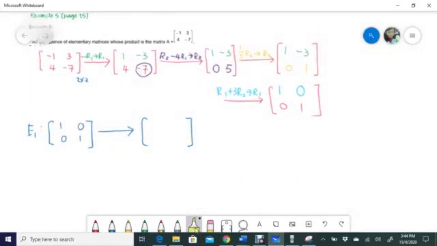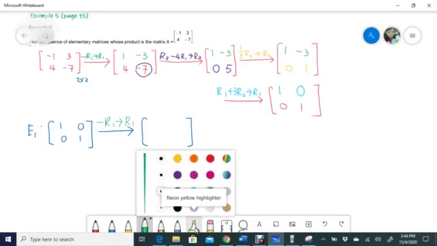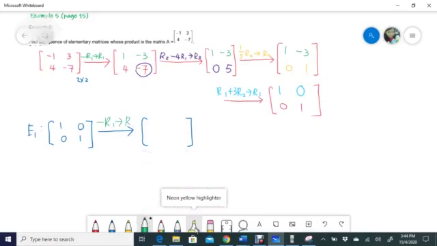So what do you have then? Just follow: negative R1 happen to R1. So I have -1, 0, and the rest just copy.